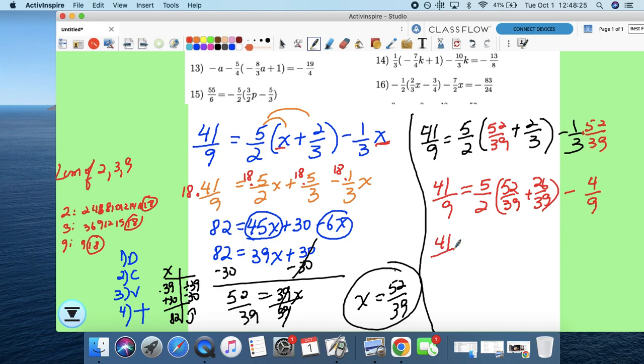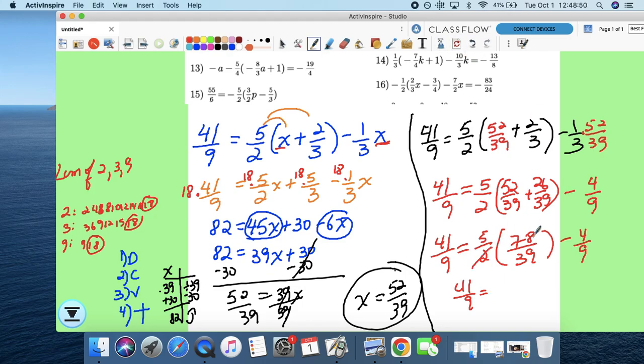Let's go 41 over 9. And again, you're going to have a calculator, so all these you might not need to do. We're going to get 78 over 39 minus 4 over 9. 41 over 9, and because I'm too lazy to use a calculator, we're going to multiply these two.